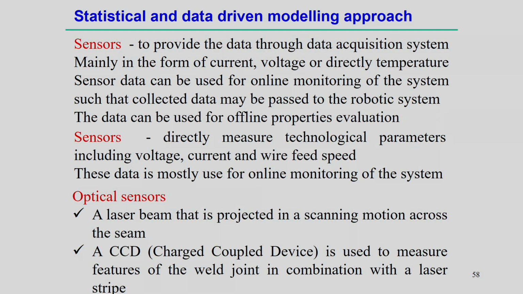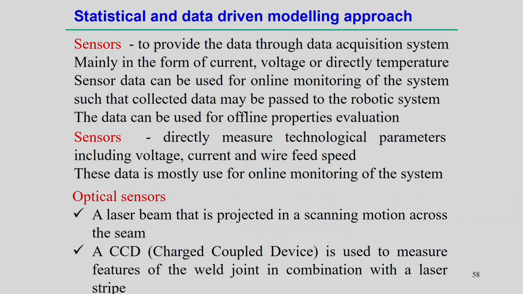But if you want to collect the data during the manufacturing process, then we need to use some kind of sensor. The sensor provides the data through some data acquisition system, and gives the output mainly in the form of current, voltage, or maybe temperature can also be measured directly. So this sensor data is mostly used for online monitoring of the system, and the collected data may be passed to the robotic system, and that robot can monitor the process.